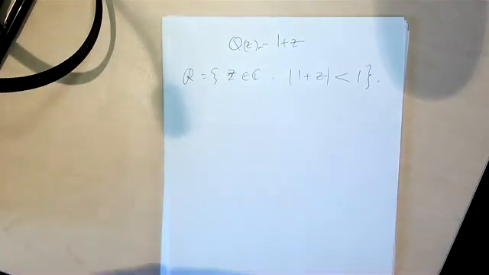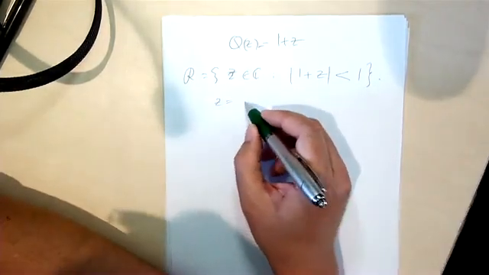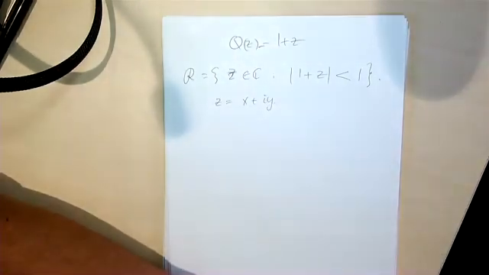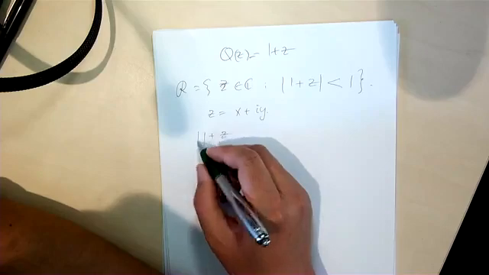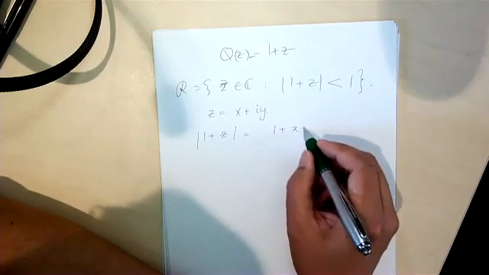So if you remember your complex numbers, suppose I have z equal x plus iy, right? Then the absolute value of 1 plus z is the absolute value of 1 plus x plus iy.